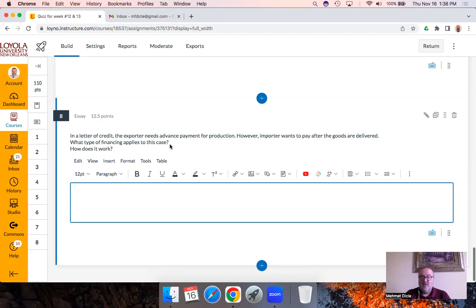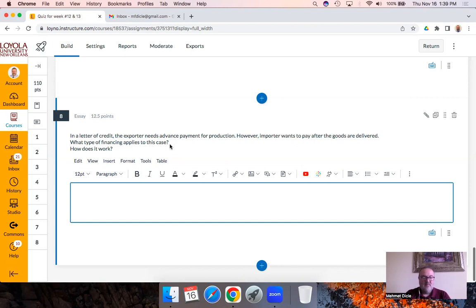And the way that it works is, at this point, the exporter or the importer will apply for Exim Bank help, but more than likely the exporter will apply for the Exim Bank help.